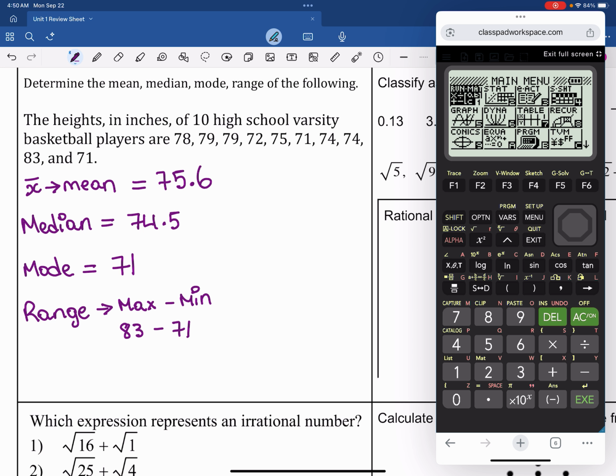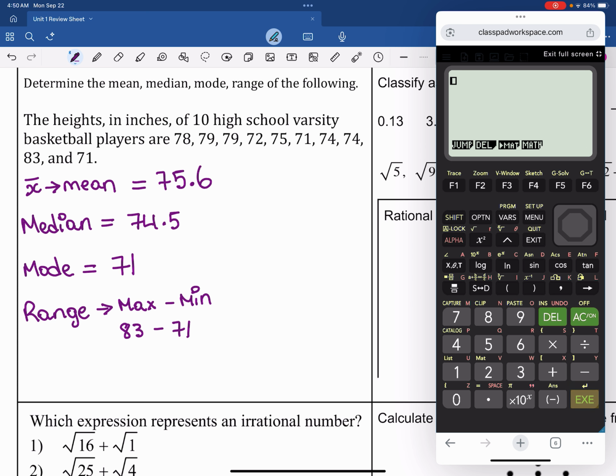Which should give us 12. So our range here is 12. And that's it for question 1.